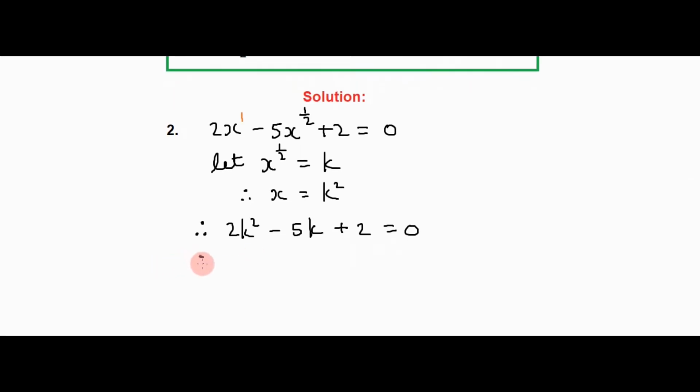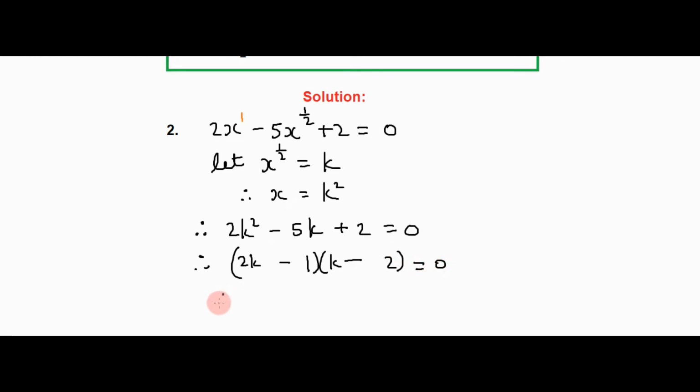We factorize this trinomial, so 2k and k. 2k times k gives me 2k squared, and then 1 times 2 gives me 2, and we need minuses here, because minus k minus 4k will give me minus 5k.